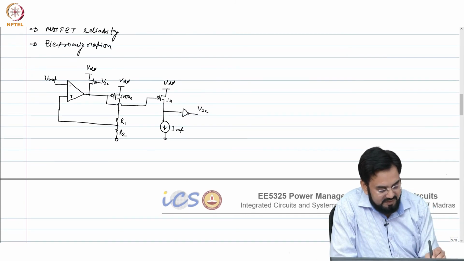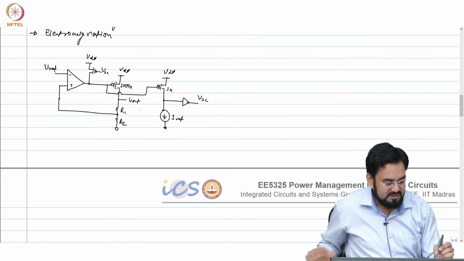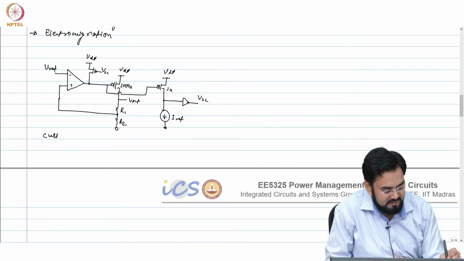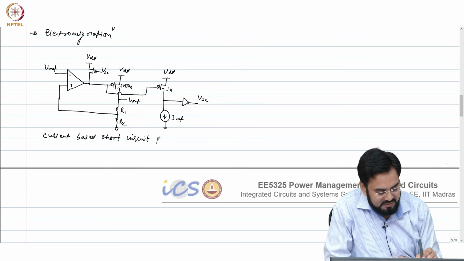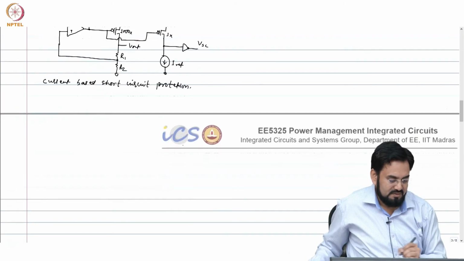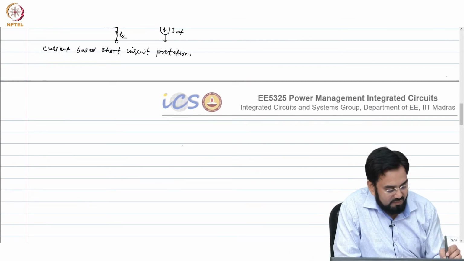So this is one way and this was your V out. So this is your current based short circuit protection.